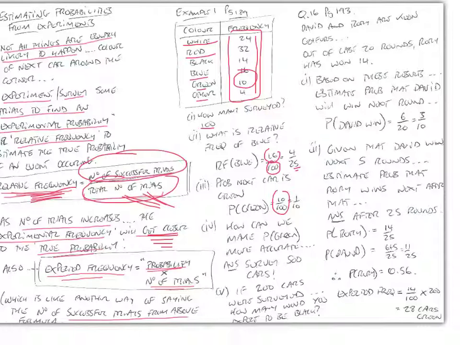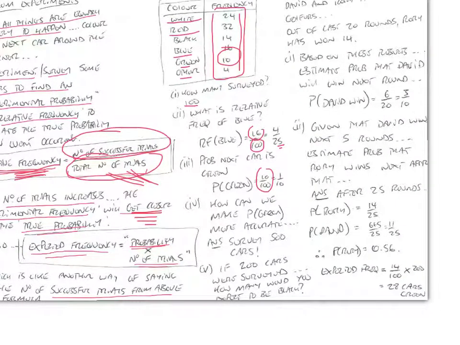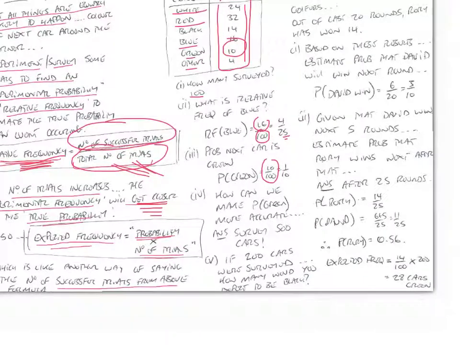And the final question is, if 200 cars were surveyed, how many would you expect to be black? For this one we'll apply the expected frequency formula. The expected frequency is the probability of black cars, which is 14 over 100, multiplied by the number of trials, which is 200, and that gives us 28 cars. We'd expect 28 cars if we surveyed 200.